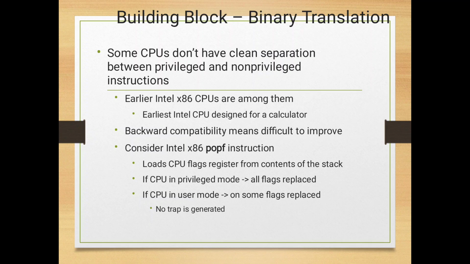Consider the x86 POPF instruction. It loads the CPU flags register from the contents of the stack. If the CPU is in privileged mode, all flags are replaced. If the CPU is in user mode, only some flags are replaced.